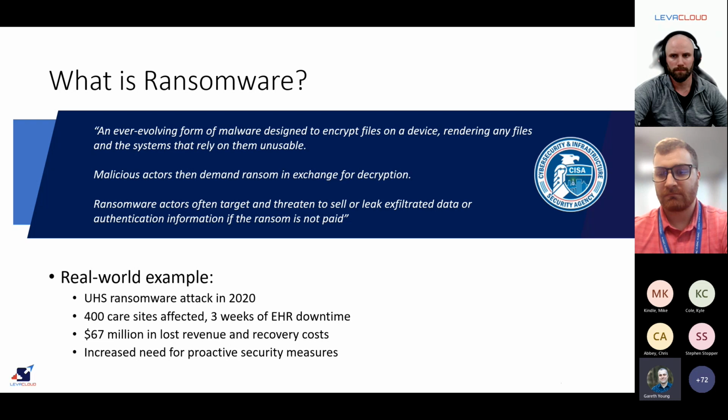It lasted for about 3 weeks, but fortunately patient care was maintained through pre-established EHR downtime procedures. Now, the attack resulted in significant financial consequences for them. They lost about $67 million in operating income, labor expenses, recovery costs, all that kind of thing rolled into that. And their actual revenue was negatively impacted as well by about $51.3 million.